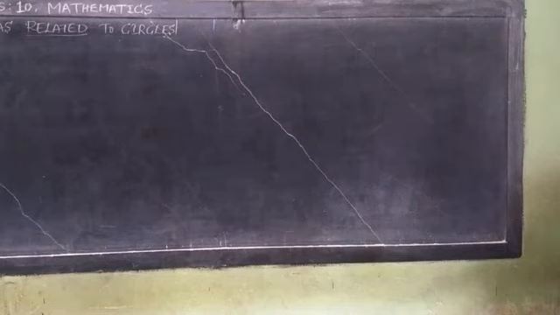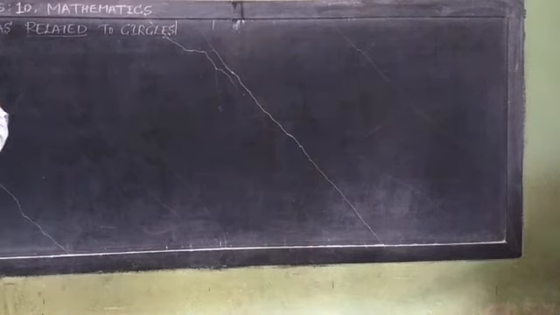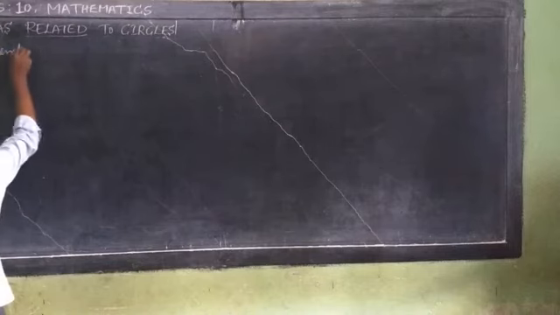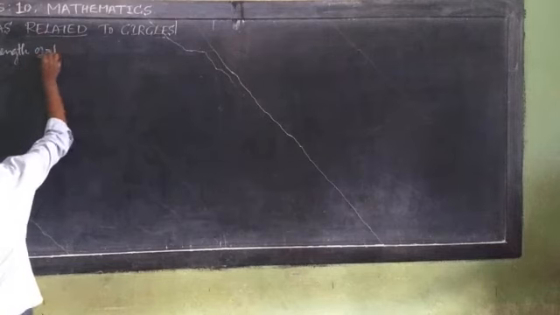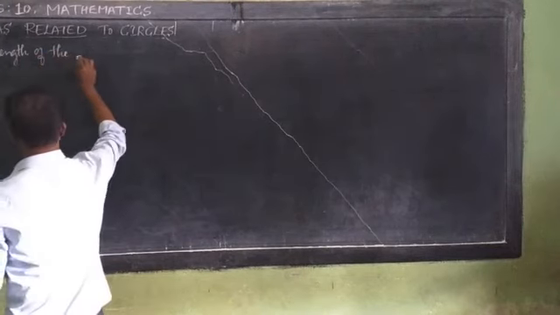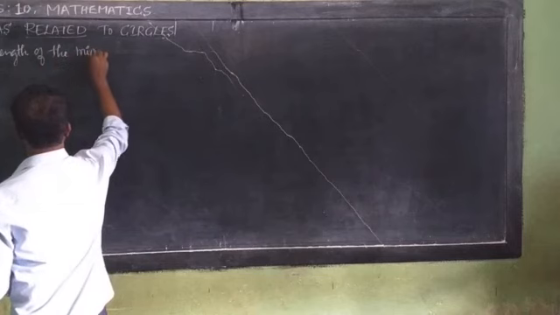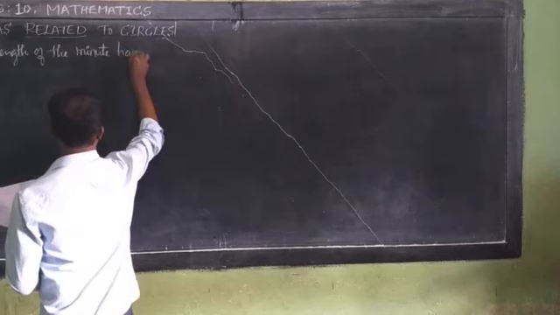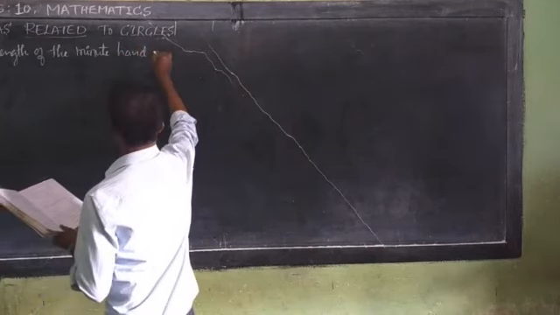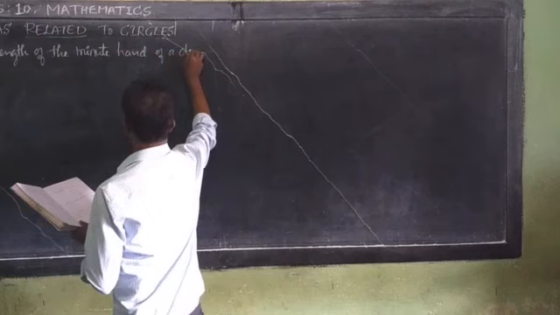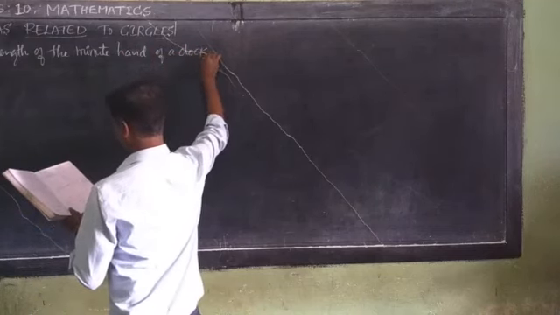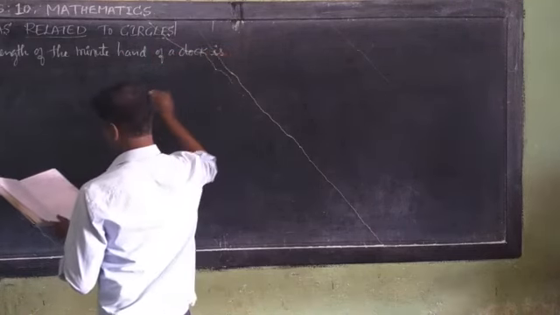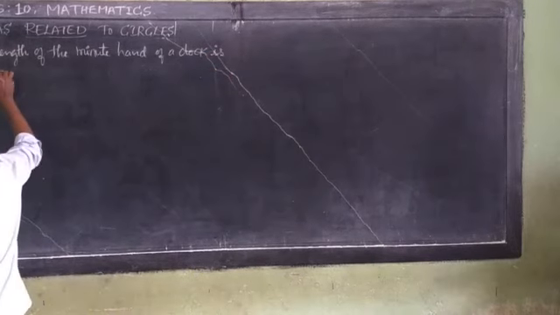Okay. The next problem is the length of the minute hand of a clock. The length of the minute hand of a clock is 14 centimeter.